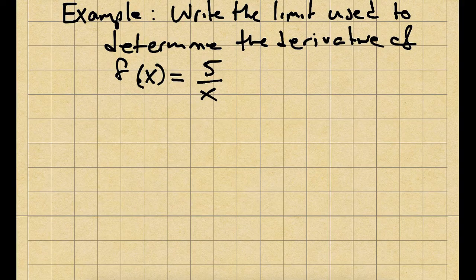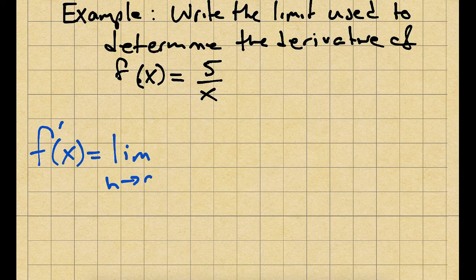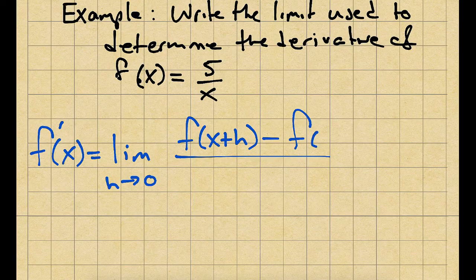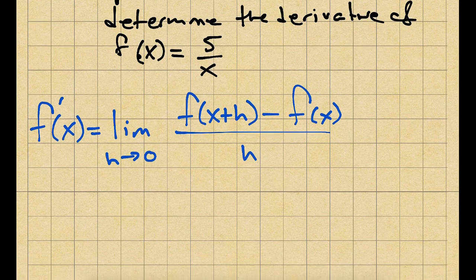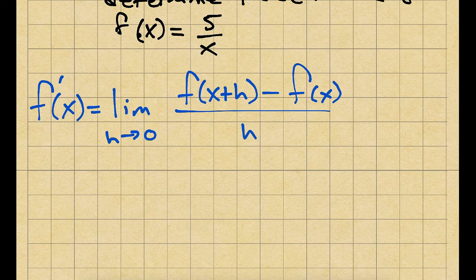So, if we think about what this is, f prime of x is really the limit as h goes to 0, and according to the definition, that's f of x plus h minus f of x over h. Well, instead of leaving just the notation of the function in there, we put the actual function that we're given in there, which should be an h.